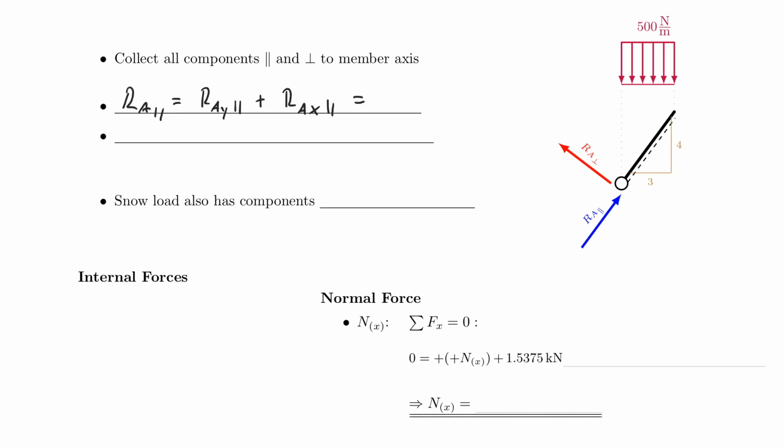And that happens to be 1.537. For RA perpendicular, I have to be careful because they are subtractive once again. So I start out with RAY perpendicular minus RAX perpendicular. And if you plug in those values, then you will end up with 0.45 kilonewton.